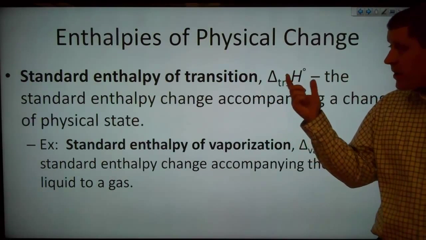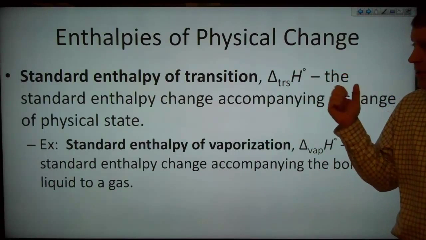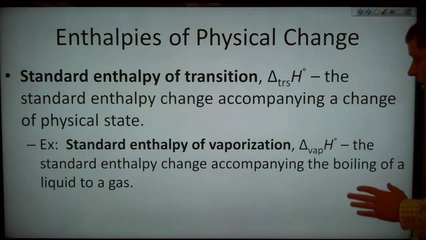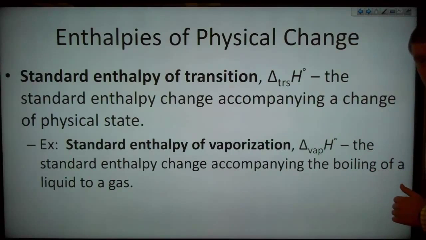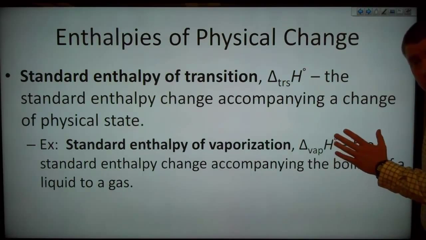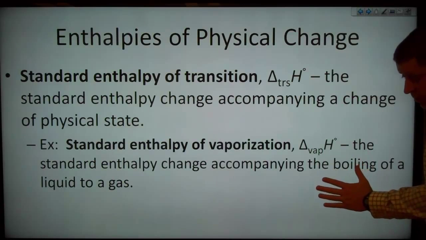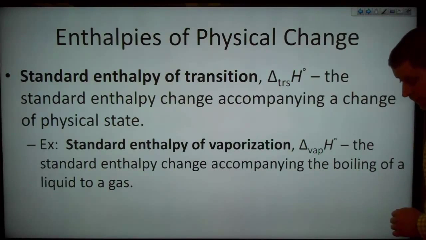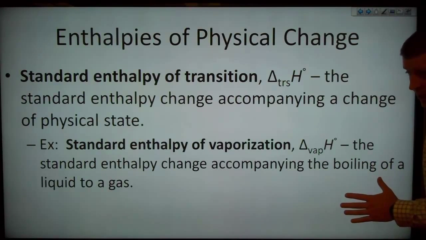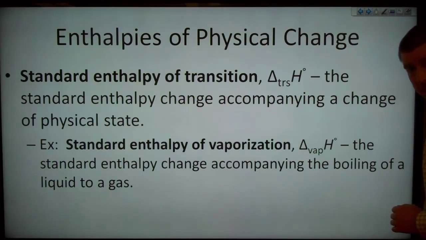Now, the standard enthalpy of transition, which we symbolize this way, is the standard enthalpy change accompanying a change of physical state. That is, we're transitioning from one physical state to another, one phase to another. For example, the standard enthalpy of vaporization is the standard enthalpy change accompanying the boiling of a liquid to a gas.